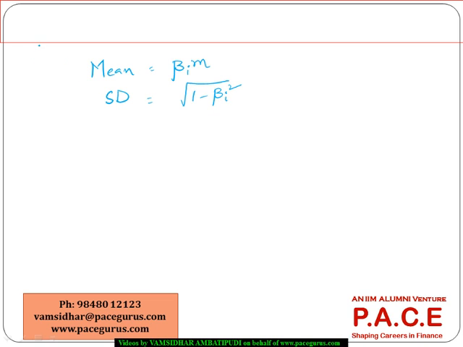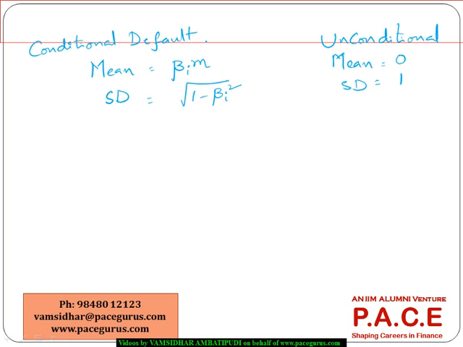This is the conditional default distribution, conditioned on the market. Whereas the unconditional default distribution we have taken as a standard normal distribution itself, meaning mean equal to 0 and standard deviation equal to 1.